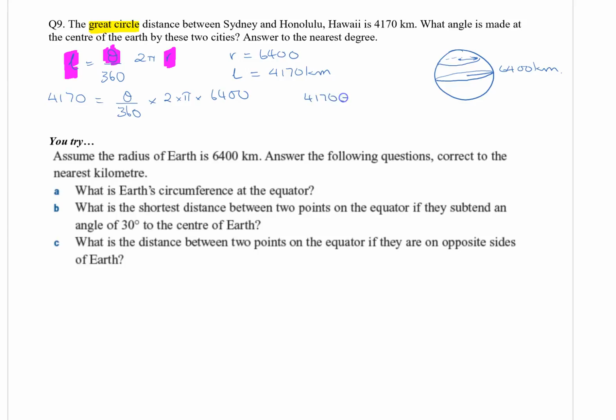So 4170 is theta on 360 times, and I think we can do 2 times 6,400, which would give us 12800 pi. Now it's just a little bit tidier, and you might be able to better see what needs to happen to get this theta by itself.